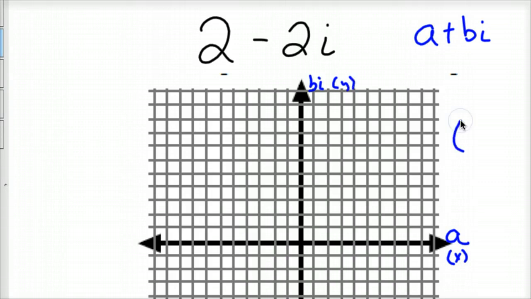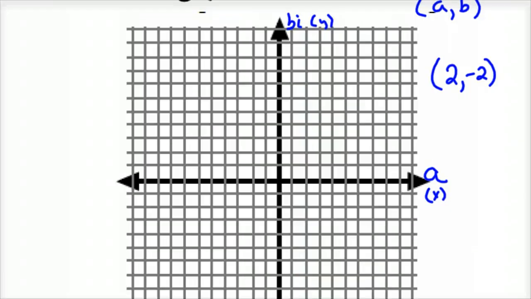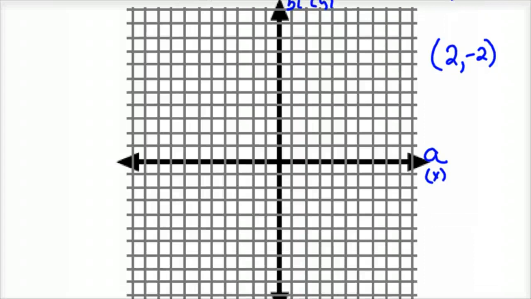So think of these as ordered pairs. So this one would be 2, negative 2. So if you graphed 2, negative 2 on this new imaginary plane, you would go right 2 and down 2, which would be right here.